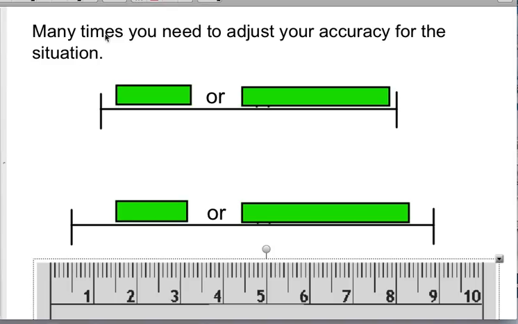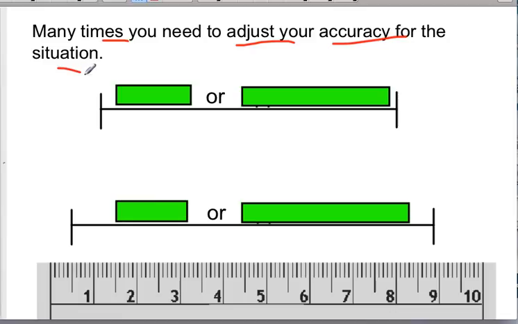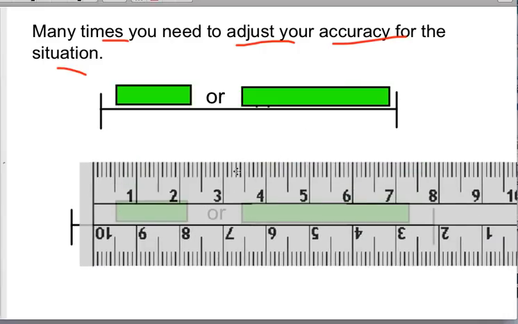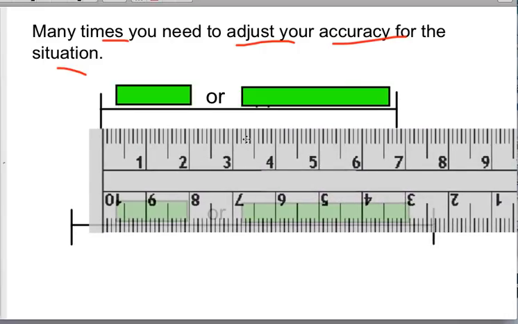Now, many times you need to adjust your accuracy for the situation. This is an important concept to know, that many times you need to adjust your accuracy for a situation. So you're going to want to make note of this, all right? Now, this is going to be an example of one of those situations. So let's measure this line right here.